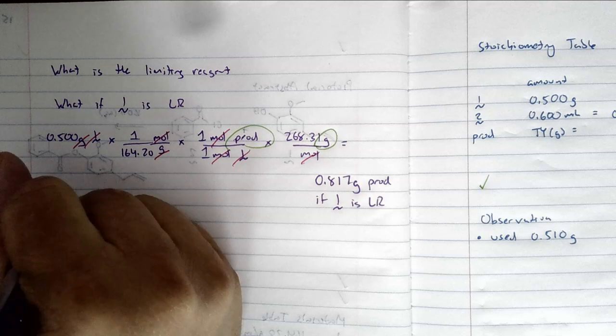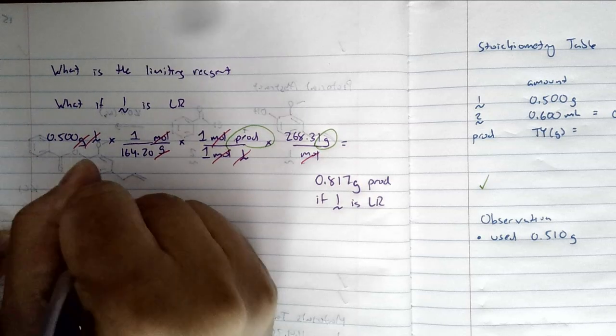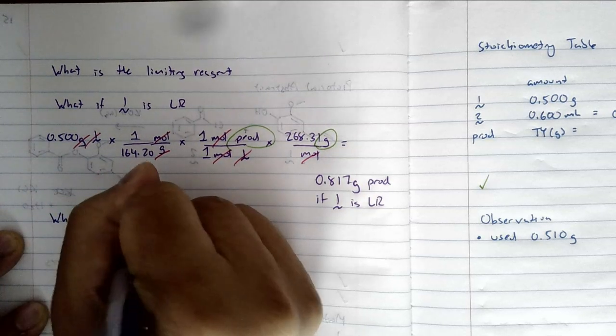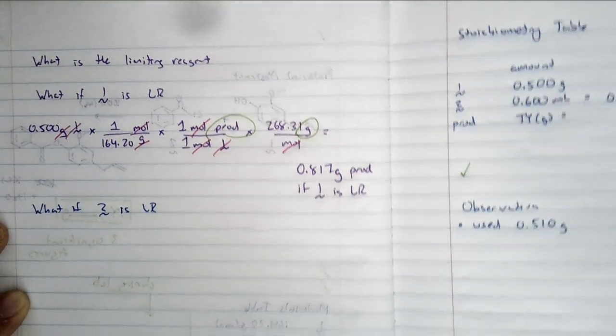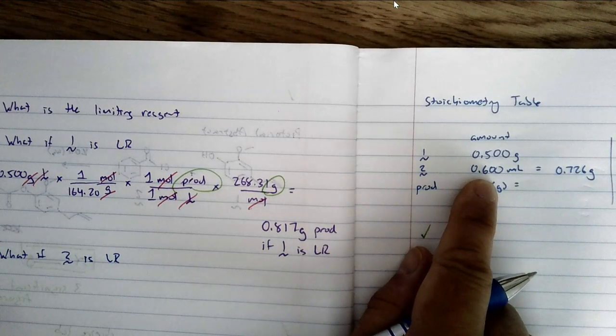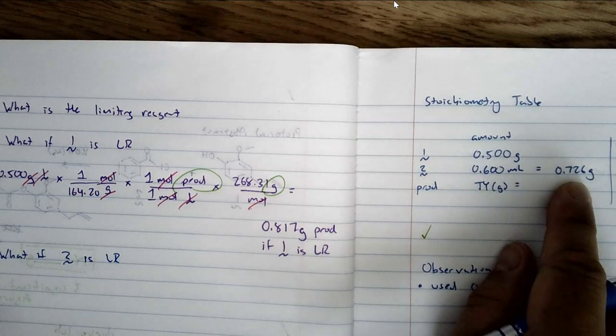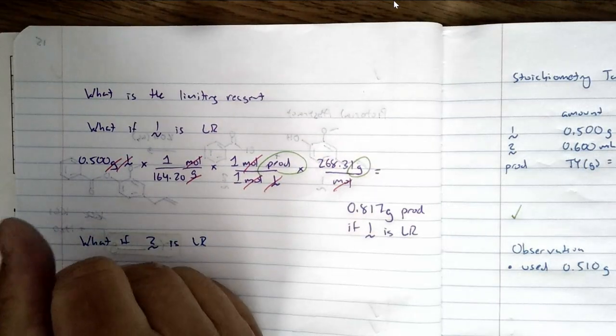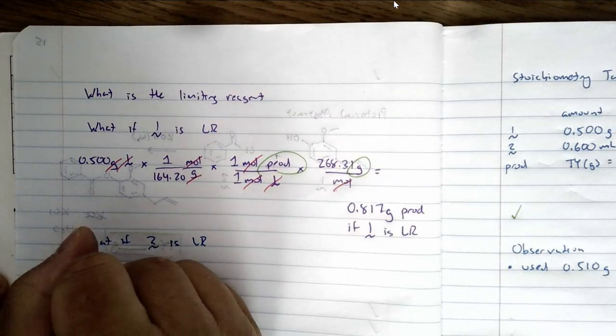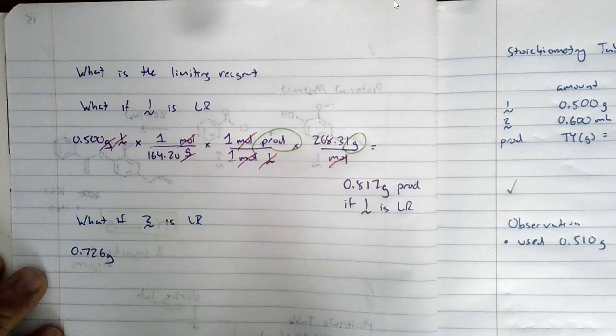Now this calculation is a little bit longer. Do you know why? What if 2 is LR? It's a little bit longer because I would have started with the volume. But since we already have the grams, let me start there. Okay, so we get this a little bit faster. 0.726 grams.